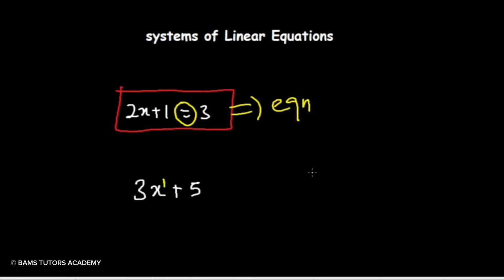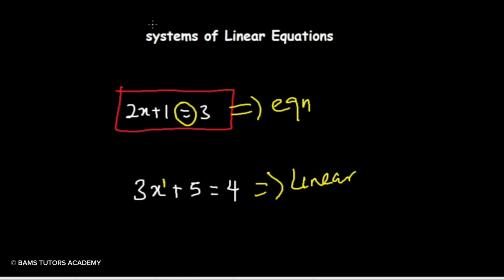So for an equation to be a linear equation, the power of the letter in that equation has to be 1. So that's the meaning of a linear equation. Do you get it now? Like a straight line. That's why it's called linear.